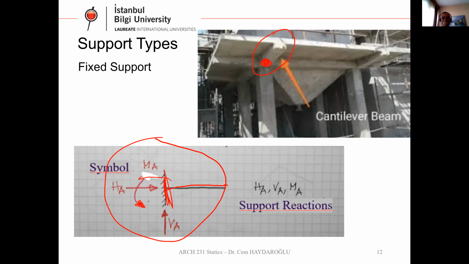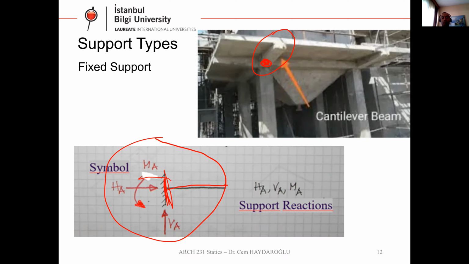Yes, you're right. Roller support is kayıcı mesnet in Turkish. Pin support, sabit mesnet. Fixed support, ancastre mesnet, ancastre.